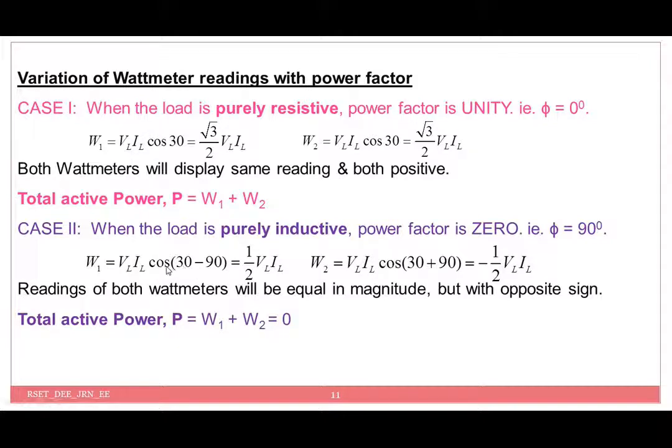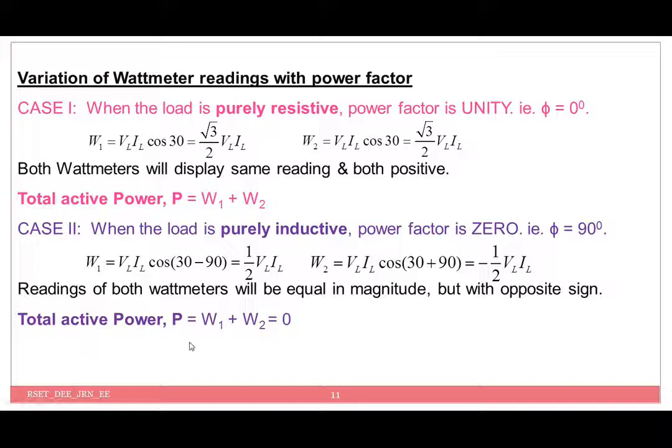On simplification you get cos 60, so half VLIL, and this is cos 120, which is minus 1 by 2. So W1 is half of VLIL and W2 is minus half VLIL. Both readings are of equal magnitude but with opposite sign. So the first one will show a positive reading and the second one will show a negative reading.